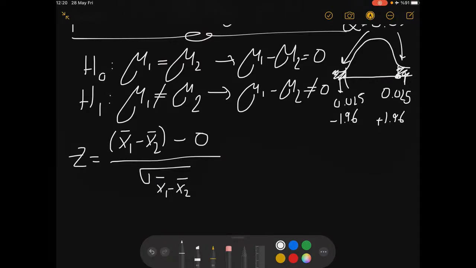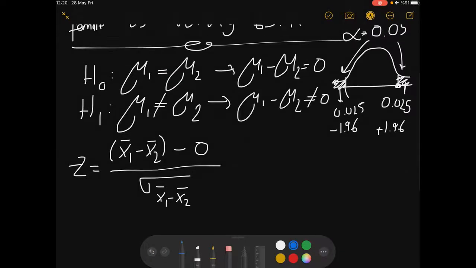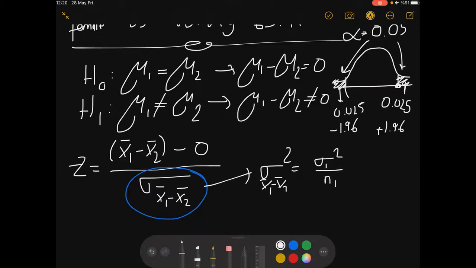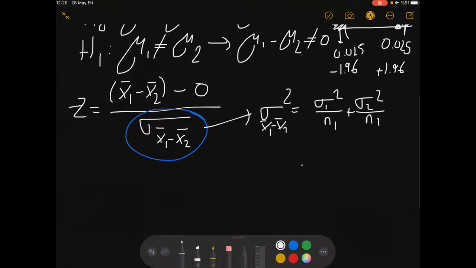You can put it like this. But you need to keep in mind that if you have two populations, this is how you calculate the standard deviation. It is given in the textbook as well: square of s1 squared over n1 plus s2 squared over n2.